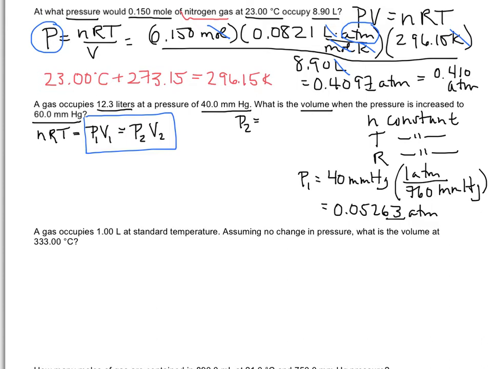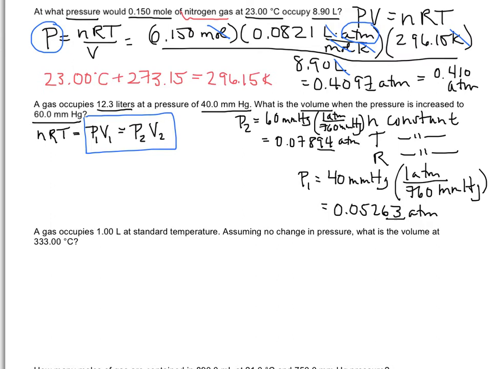Pressure 2 is equal to 60 millimeters of mercury. Again, 1 atmosphere divided by 760 millimeters of mercury is equal to 0.07894 atmospheres.